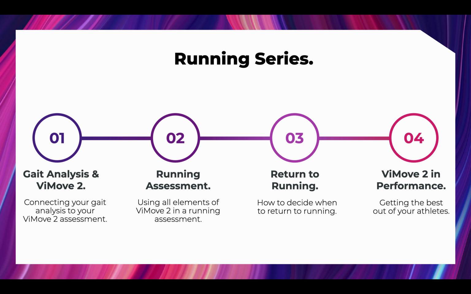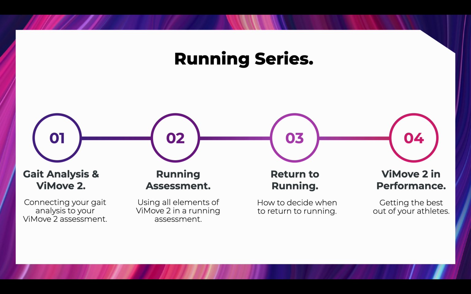So when we're looking at developing a running program and telling people to run at different zones, we can use this heart rate monitor in conjunction with VMove 2 to produce a much better, more rounded running program. That's a very exciting webinar coming up next year.